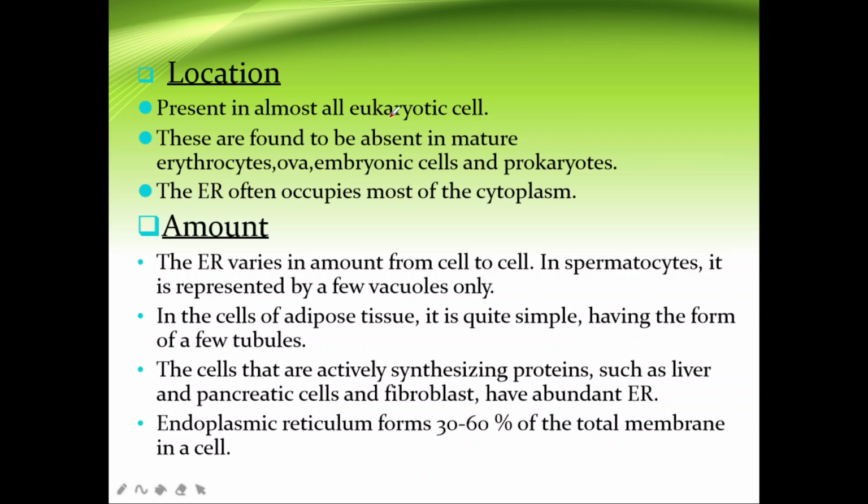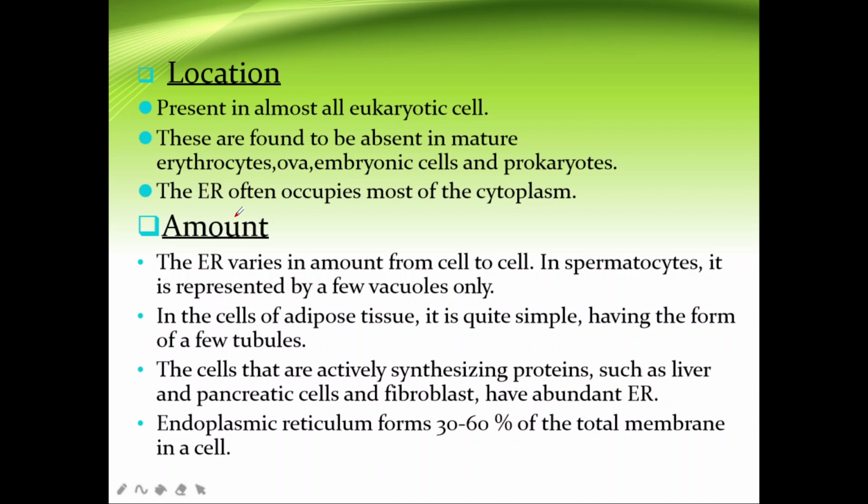This is a question which is asked many times in competitive exams or MCQ tests: in which cells the endoplasmic reticulum is absent. So, in mature erythrocytes, ova, embryonic cells and prokaryotes it is absent. The endoplasmic reticulum often occupies most of the cytoplasm.